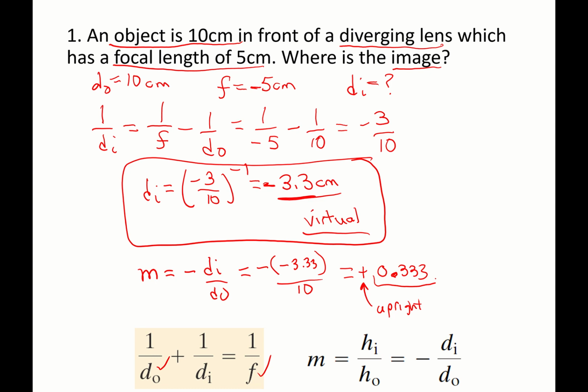And the 0.33 means it's 0.33 times the height of the object. So the magnification is a third. So that's dropped down to a third of the height, so it's smaller. So for a diverging lens, we got an upright, smaller image that's virtual, and that's what we expect.